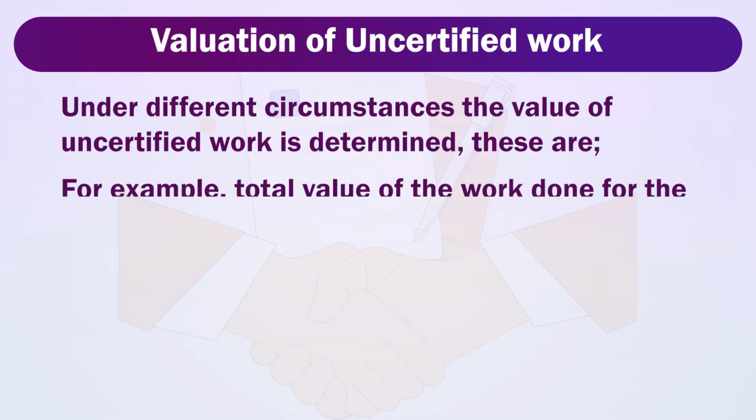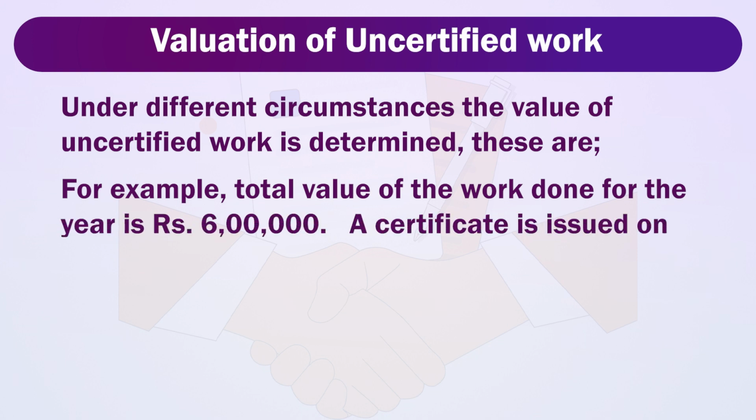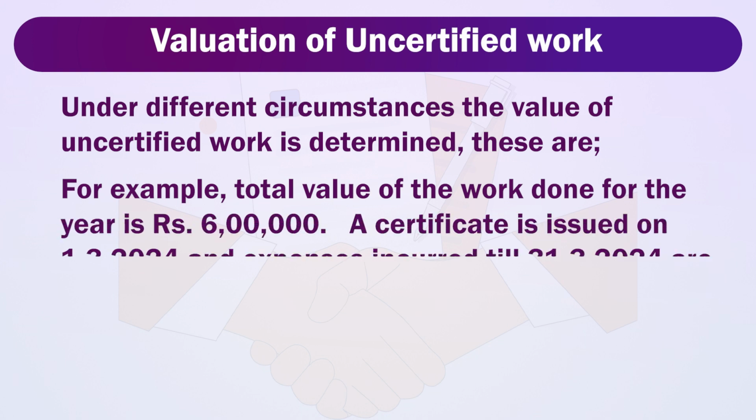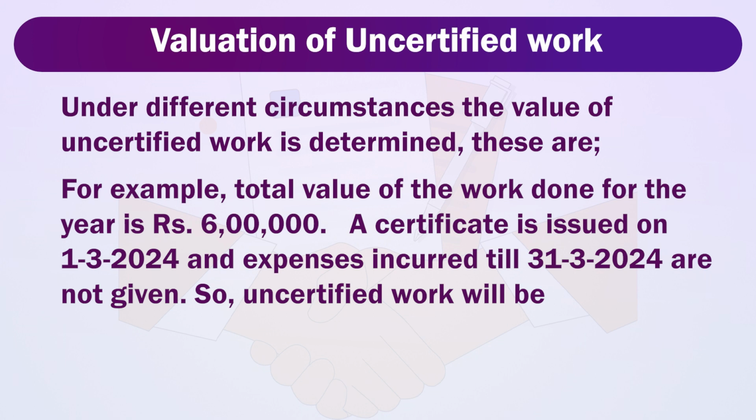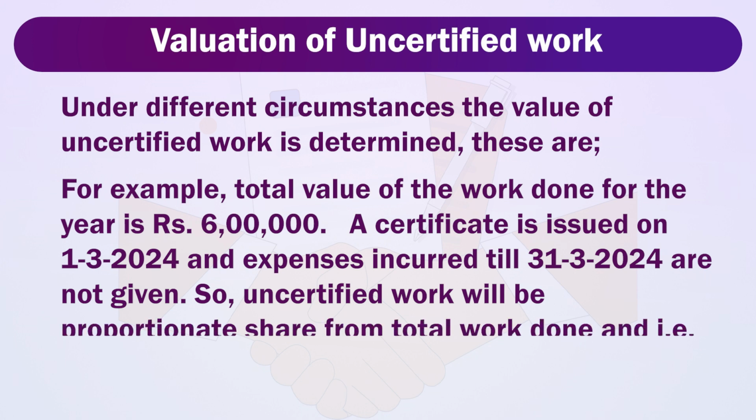For example, the total value of work done for the year is rupees 6 lakh. A certificate is issued on 1st March 2024 and expenses incurred till 31st March 2024 are not given.